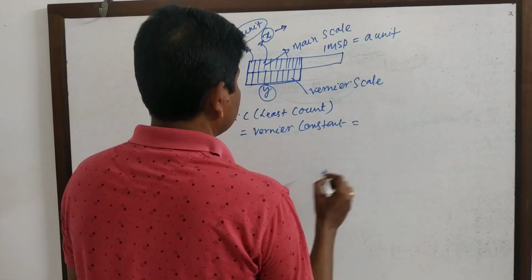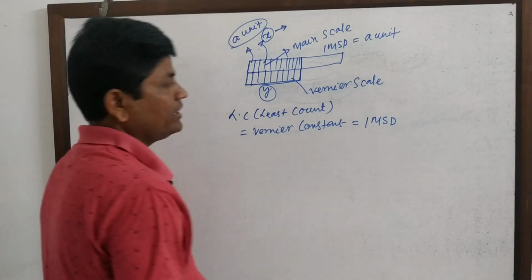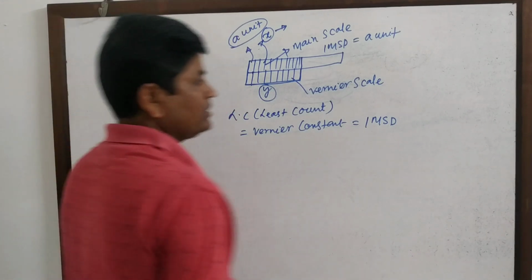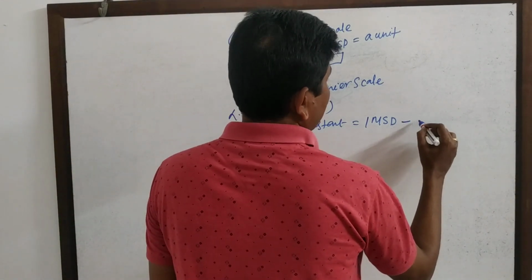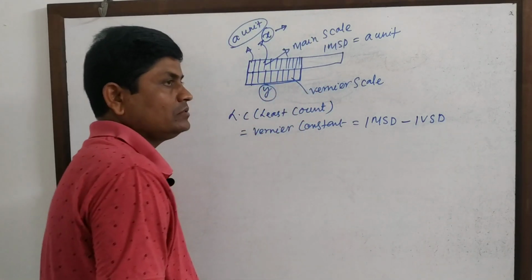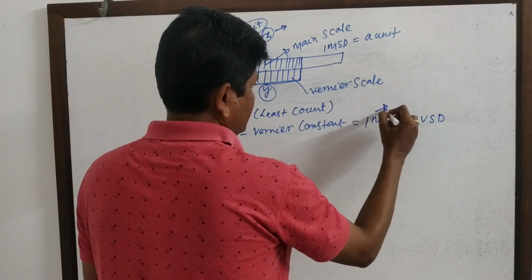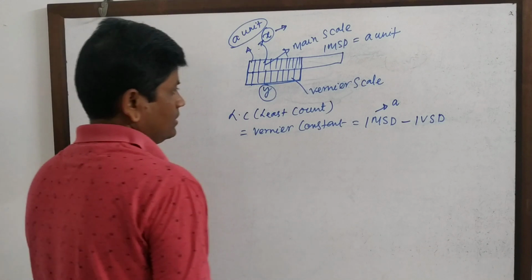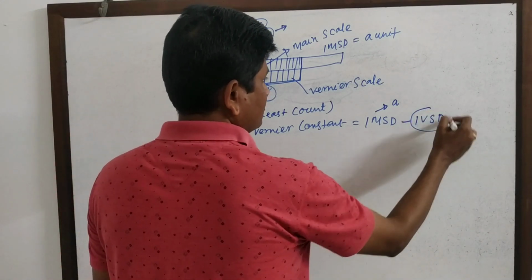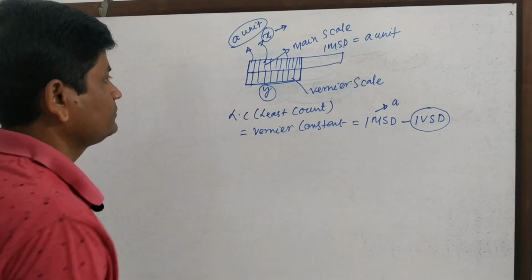It is equal to 1 MSD, the length of one main scale division, minus 1 VSD, that is the length of one vernier scale division. We already know 1 MSD is equal to A unit, and we have to calculate the length of 1 VSD.